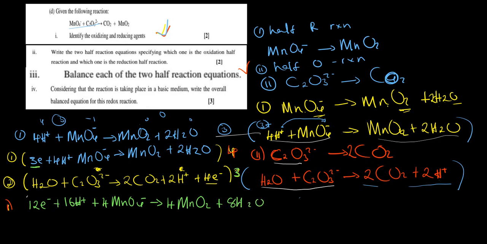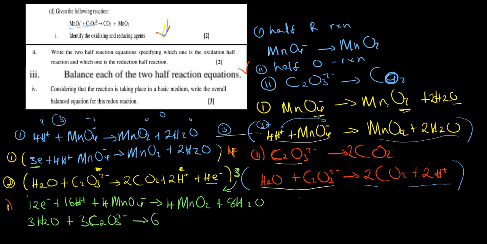All right, then for the second one we are now multiplying throughout by 3, so that will be 3 H2O, right, plus 3 carbon, like that.